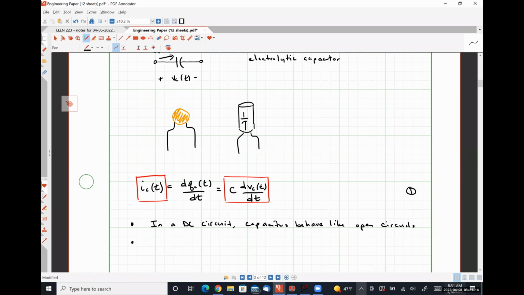So that means the voltage drop across a capacitor cannot change abruptly, which is very similar to what we observed about inductors on Wednesday, where we said that the current flowing through an inductor cannot change abruptly because it would cause an infinite transfer of energy.